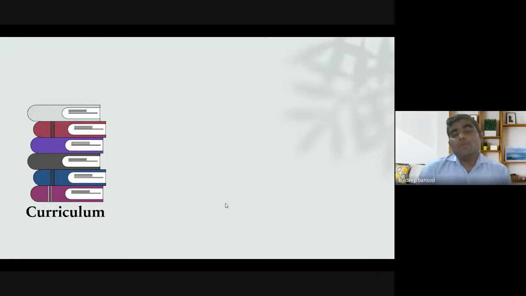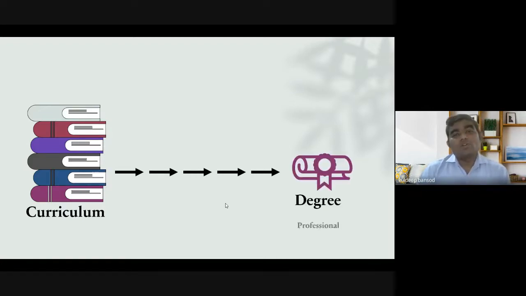So let me tell you, first, when every student is admitted toward the program, he has to go through the curriculum. After going through the curriculum, the student is able to get the degree and he becomes a professional in a particular course.